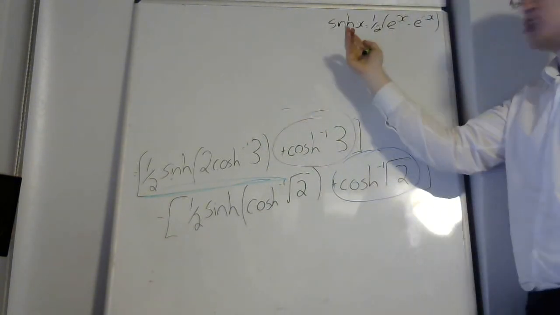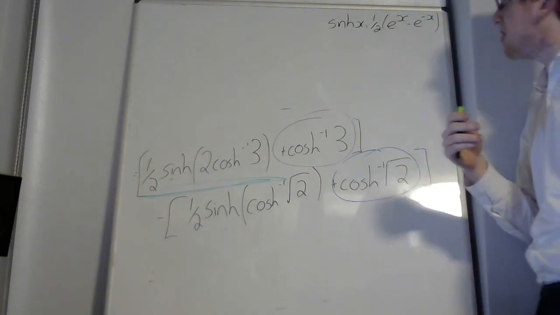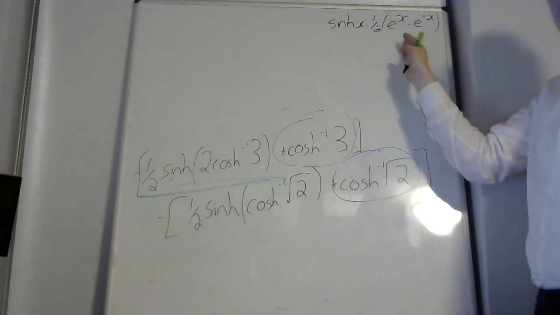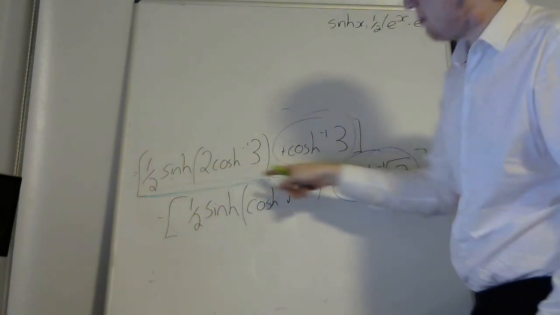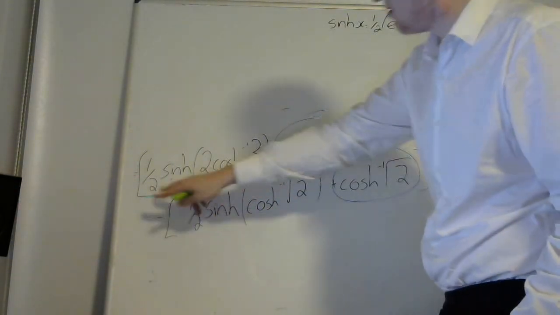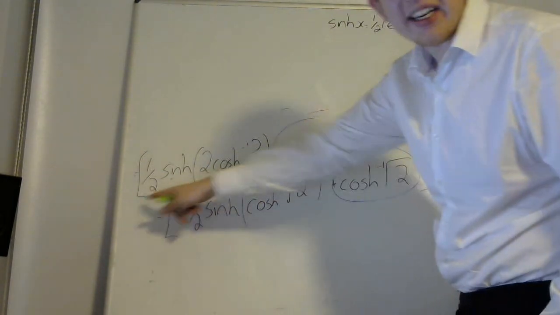Always think it's weird that sinh, like the base one, is the one with the minus, but yeah, whatever. That's the definition of sinh, and that's going to come in handy. It's going to be useful in writing this as a log.